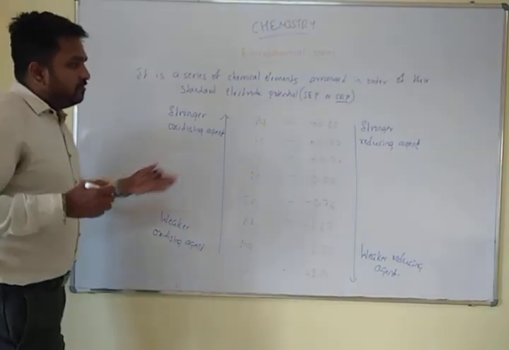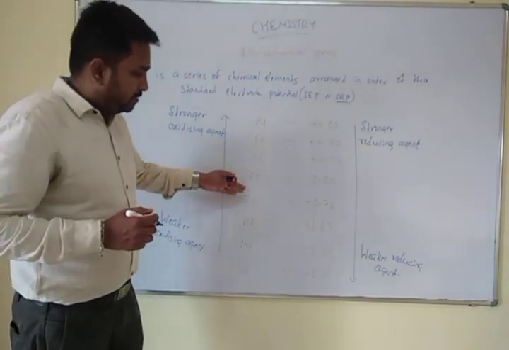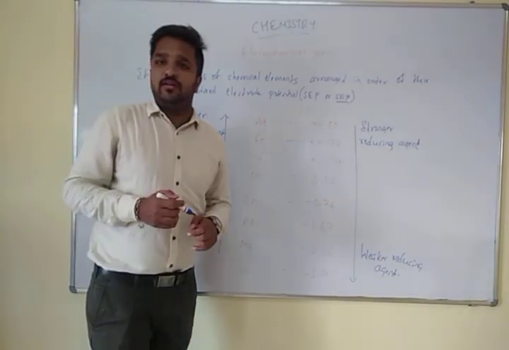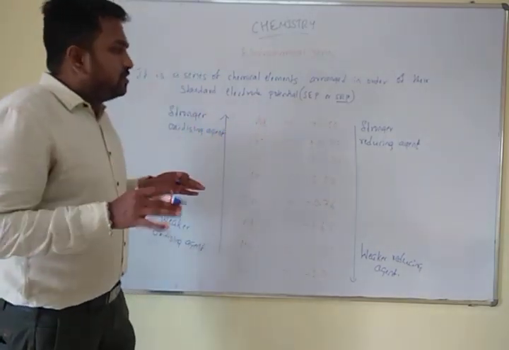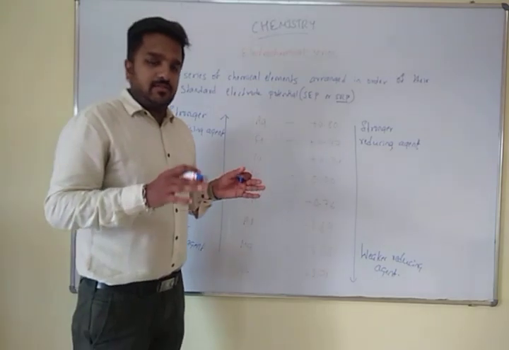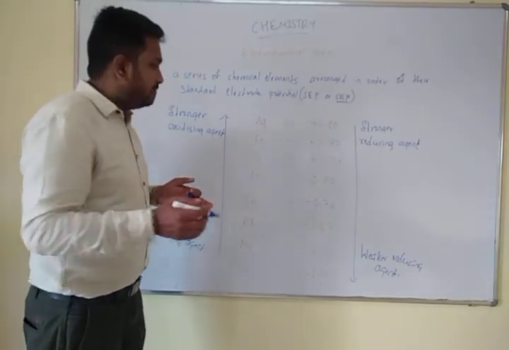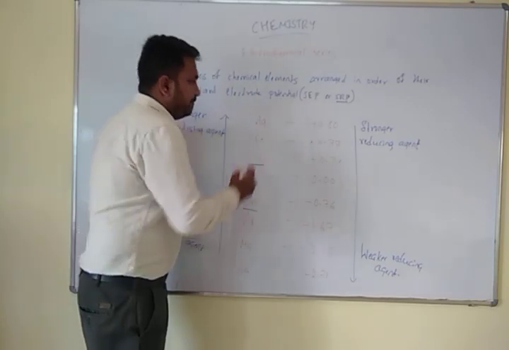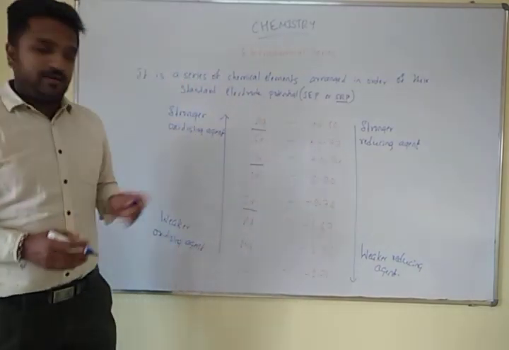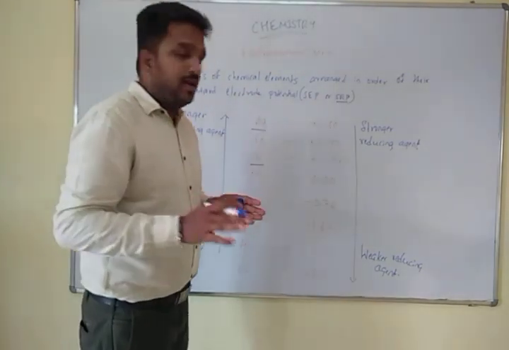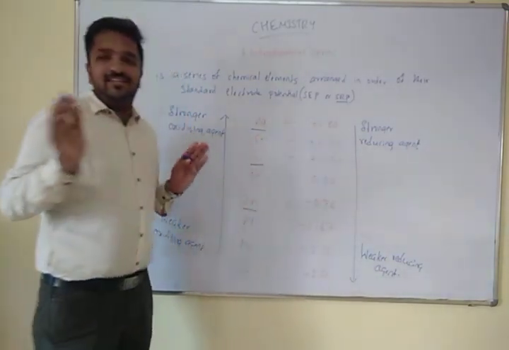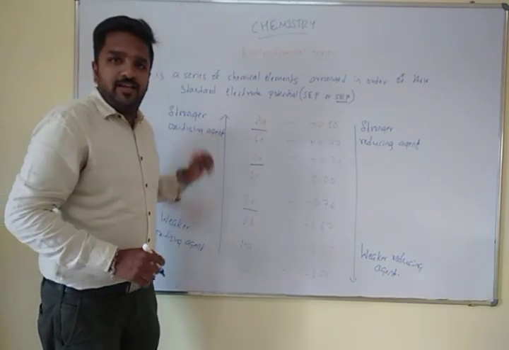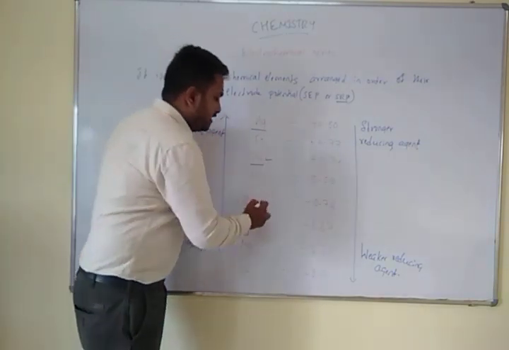So here we have silver, iron, copper, hydrogen, zinc, aluminum, magnesium and sodium and their respective standard reduction potential values. According to our syllabus, we are focusing on zinc, copper and also silver. All of them are important, but we will be focusing more on these three. We have already calculated the E naught cell value for the Daniel cell, which contains copper and zinc.